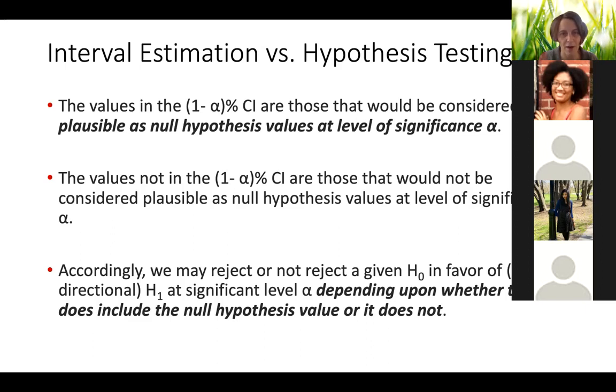That means if our calculated confidence interval does not include 151, then 151 is not a plausible value as a true population parameter underlying our sample.